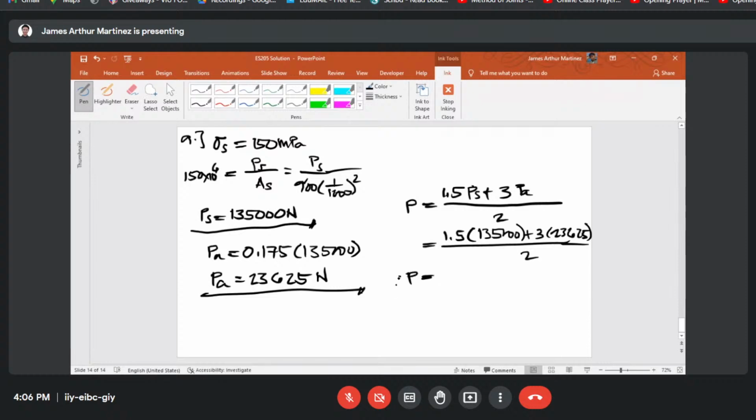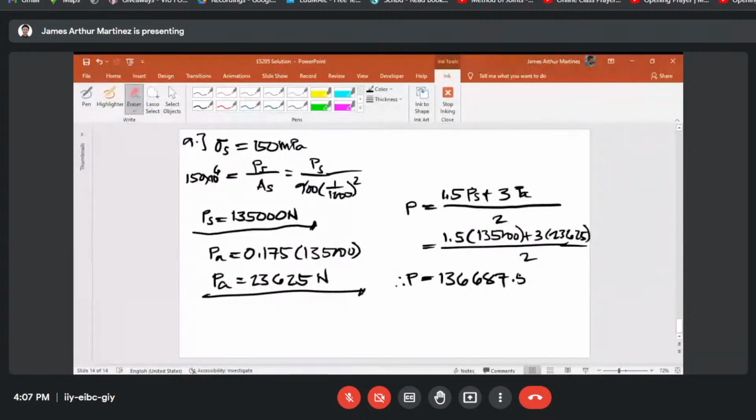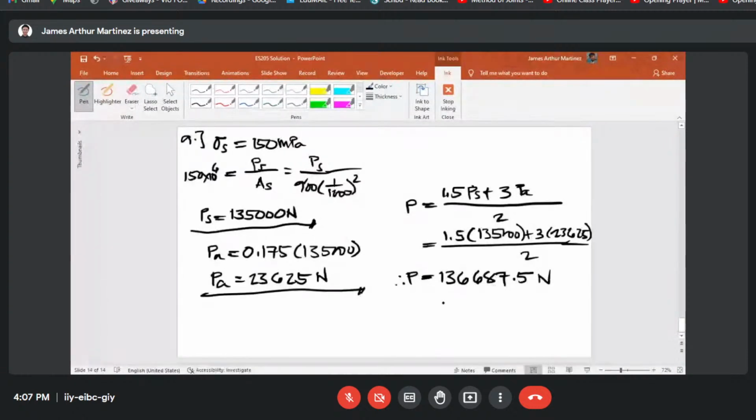So, P is 136,687.5 Newtons. Take note that the problem requires us to express it in terms of kilonewton.